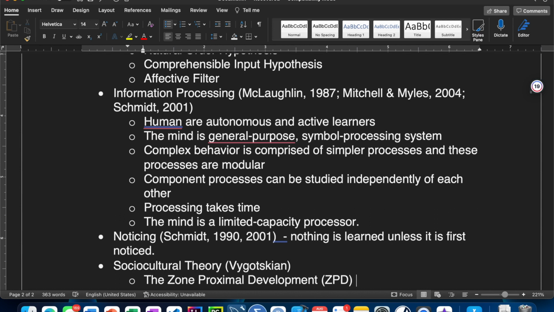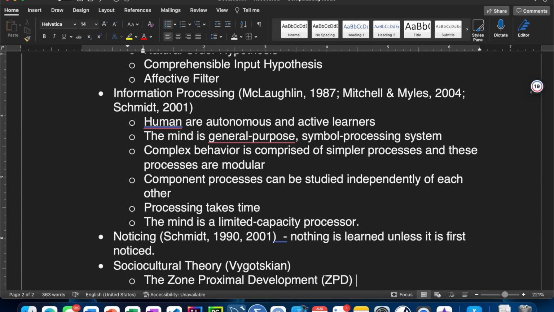But that interlocutor is then able to scaffold and to engage in repair and clarification during the communicative event. And it's this act of having that additional support from their interlocutor that then leads to or contributes to acquisition and learning.